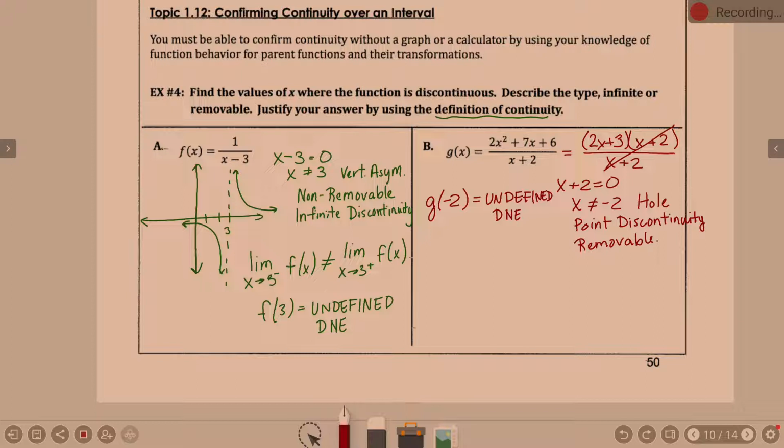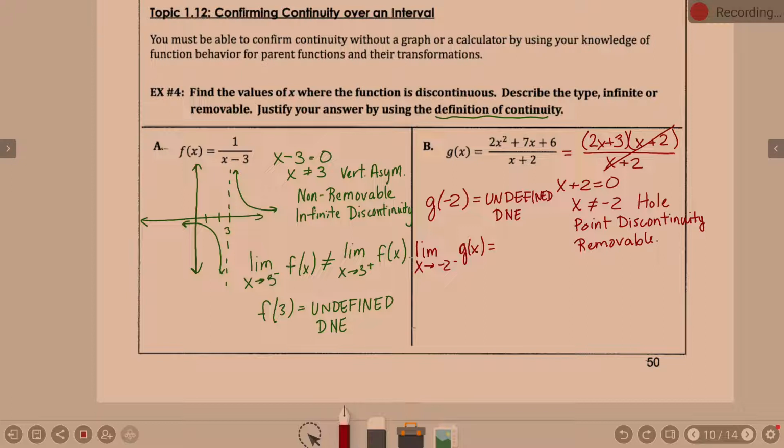I mean, you can look at the limit from the left and the limit from the right. The limit from the left and the limit from the right do match up. But the key is we have a hole. Okay? So if I look at the limit as x approaches negative 2 from the left of g of x, well, you're plugging the negative 2 in here, right? 2 times negative 2 is negative 4.